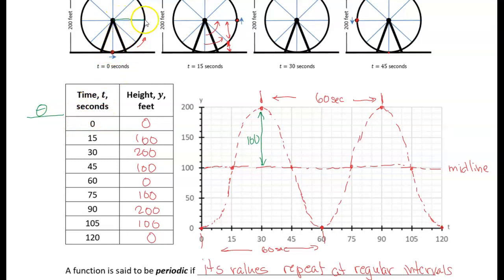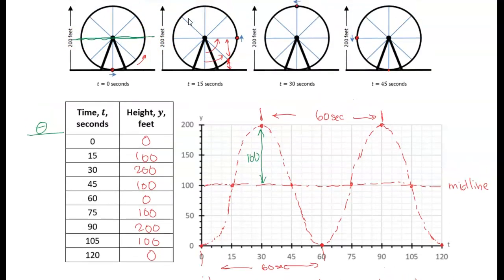If I put my positive x-axis right through the middle here, I can measure that angle a couple of different ways. It could be minus 90 degrees, or it could be positive 270 degrees, depending on how I measure it. I'm actually just going to start at negative 90.